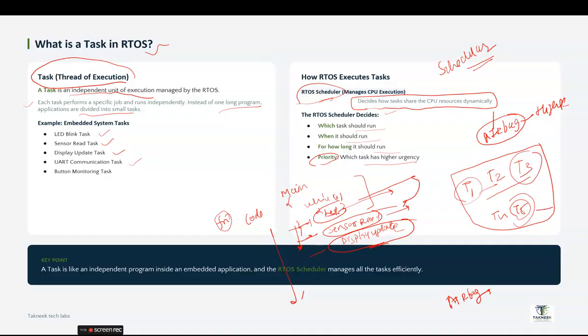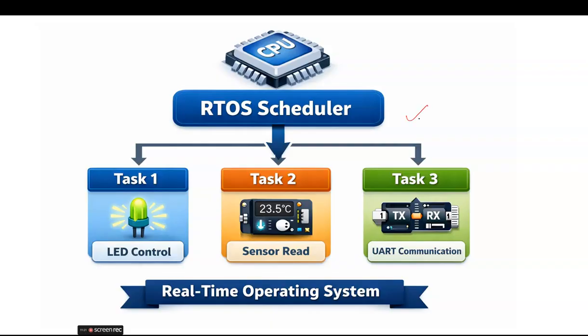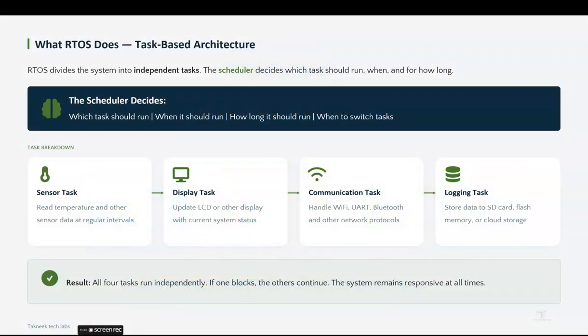We'll see the scheduling policies that are used with RTOS in the subsequent lectures. As I said, the RTOS scheduler manages task 1, task 2, task 3, and decides based on scheduling policies how these tasks will execute together or not.